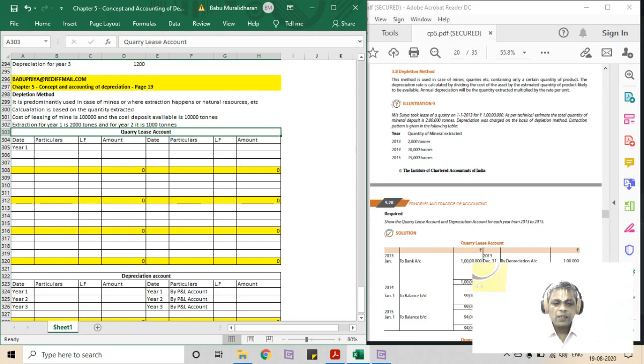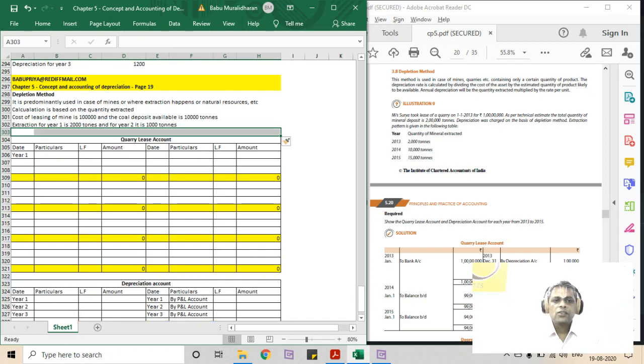So depreciation will be charged at 1 lakh into 2,000 divided by 10,000. That's for year 1: rupees 1 lakh, which is the cost of the mine, into 2,000 tons extracted, divided by the total deposits available, 10,000. That is the depreciation that will be charged. For year 2, it will be 1 lakh into 1,000 tons extracted divided by 10,000 total deposit available. That's how the depreciation will be calculated.